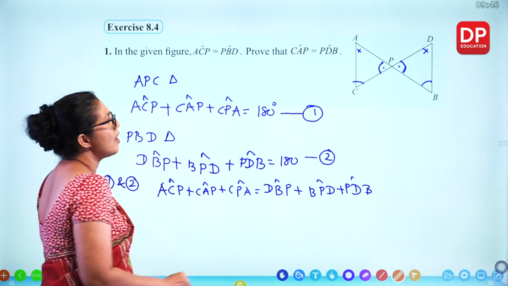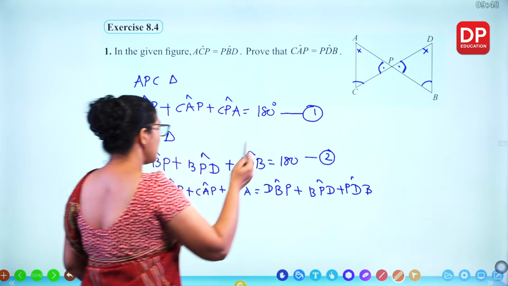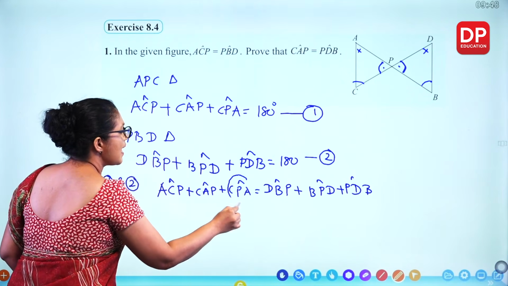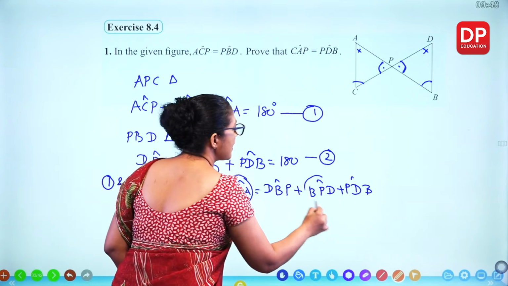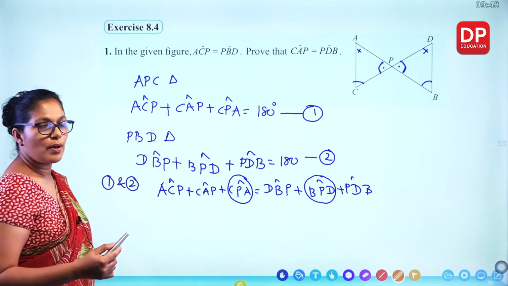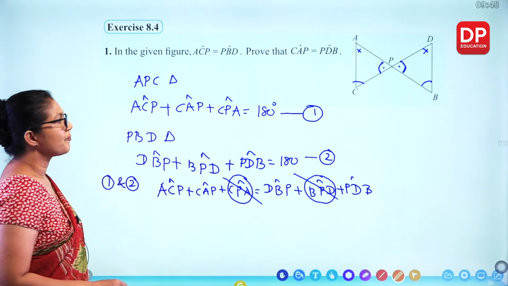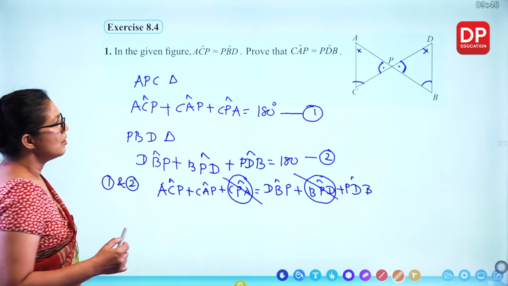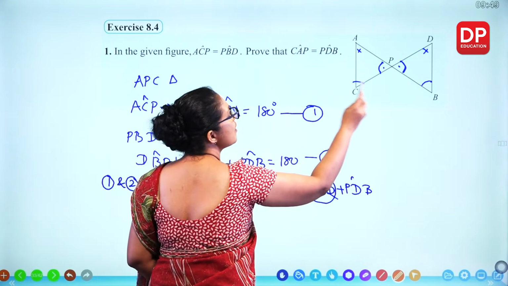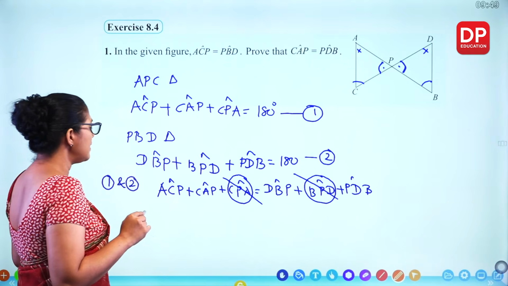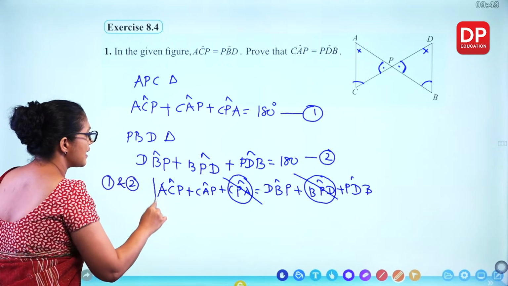Now, I know these two angles are equal. So that means this angle and this angle both are equal. So I can cross it out. And also these two are equal, C angle and B angle equal.